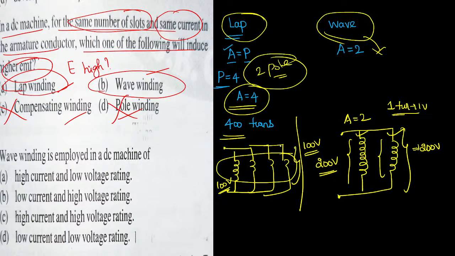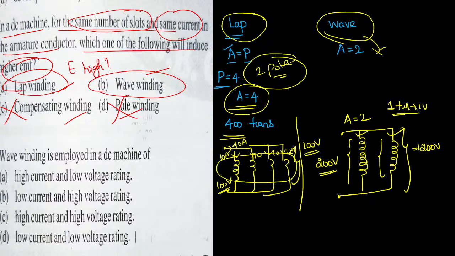Similarly, here itself I would like to conclude one more thing. See, in lap winding, we have more number of parallel paths. It means what will happen when we are increasing the number of parallel paths? Suppose if a parallel path is taking 10 ampere, each and every parallel path will take 10 ampere, 10 ampere, 10 ampere, such that the overall current will become 40 ampere.